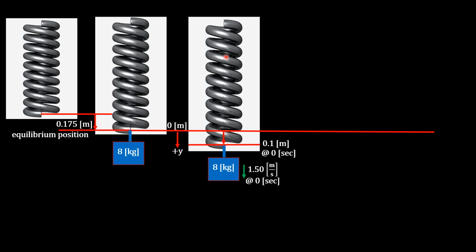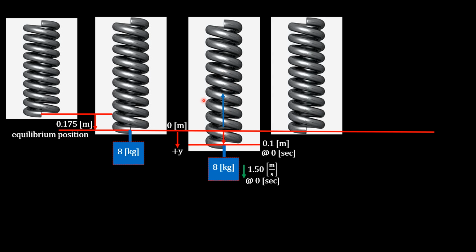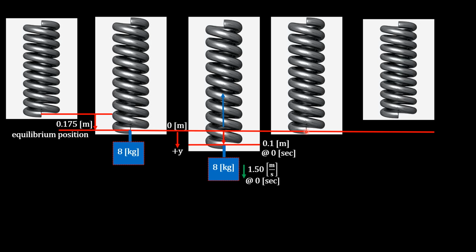Now, the spring will start to do its job. The spring will use its elastic energy to bring the block back to the equilibrium position. So the spring will exert a force opposite to the direction of the displacement, and then the block will move upward to the equilibrium position.